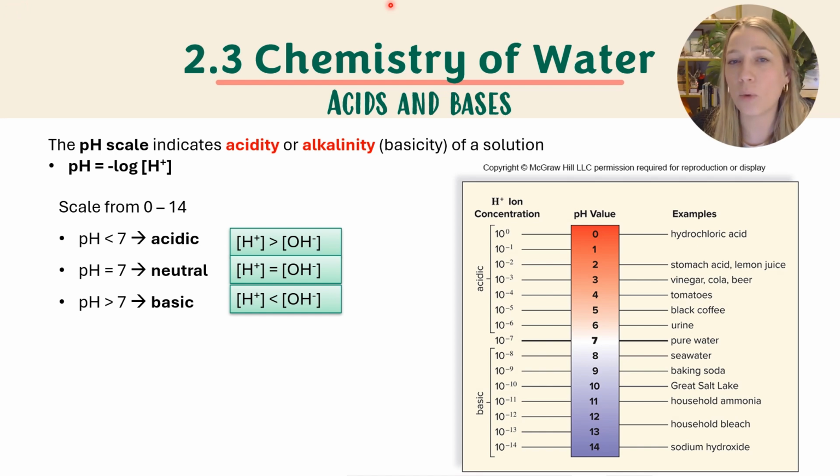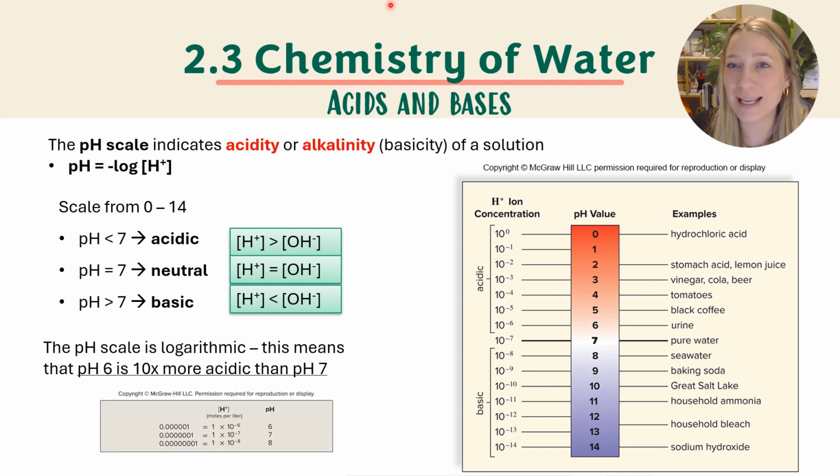Each step on the pH scale represents a 10-fold change in hydrogen ion concentration because it is a logarithmic scale. So for example, a solution with a pH of 5 is 10 times more acidic than one with a pH of 6.